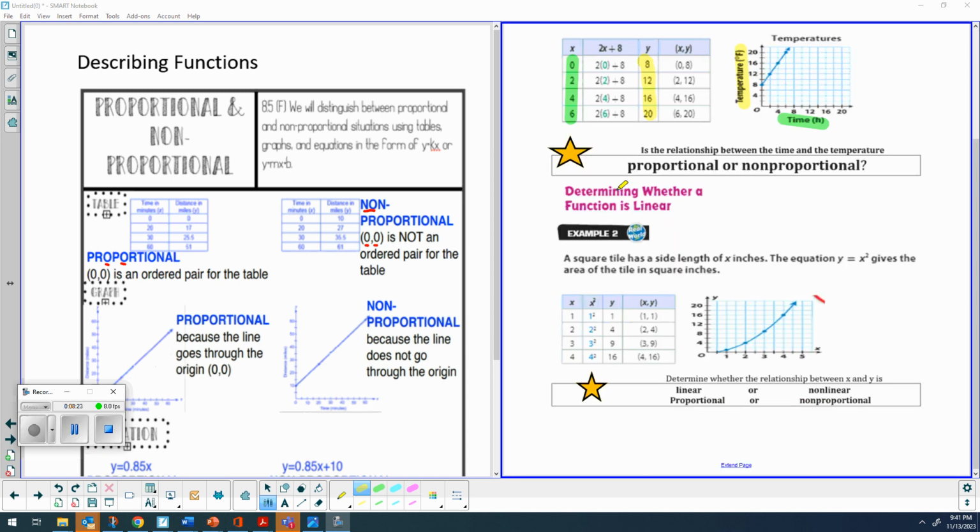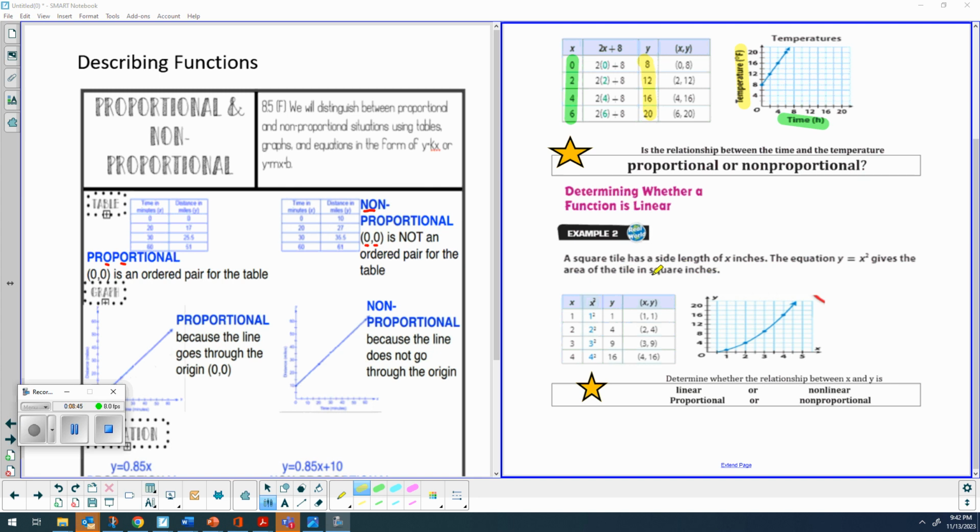Okay, so on this next example, example 2, you're determining whether the function is linear. The word problem reads: a square tile has a side length of x inches. The equation given, y equals x squared, gives the area of the tile in square inches.